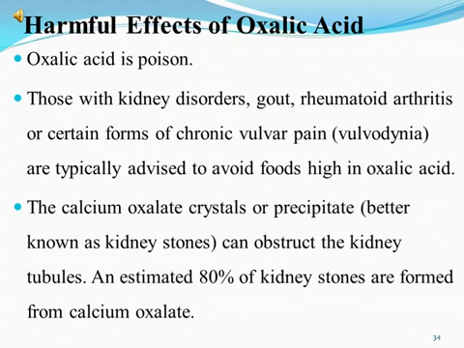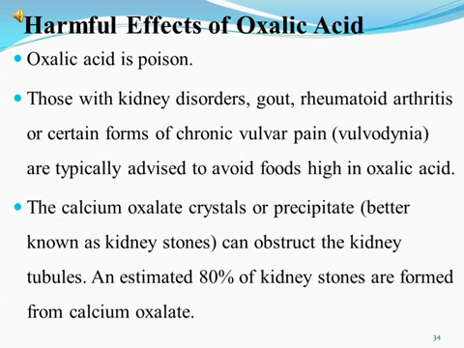We discuss harmful effects of oxalic acid. First of all, oxalic acid is poison. Those with kidney disorders, gout, rheumatoid arthritis, or certain forms of chronic vulvar pain, also known as vulvodynia, are typically advised to avoid foods high in oxalic acid.